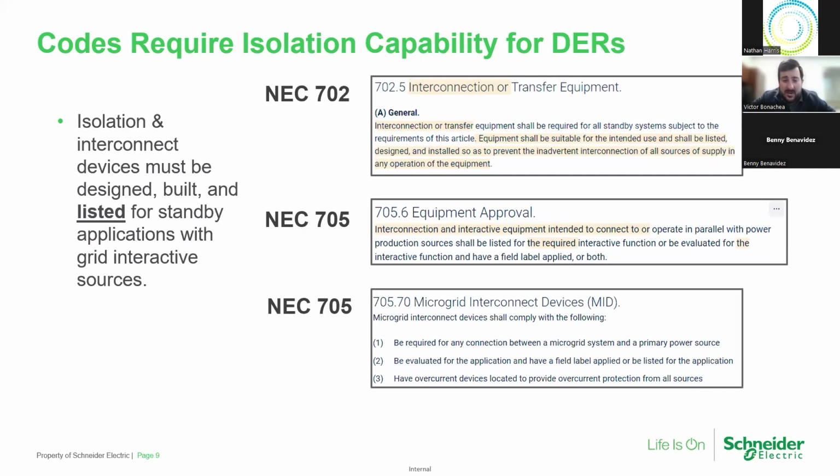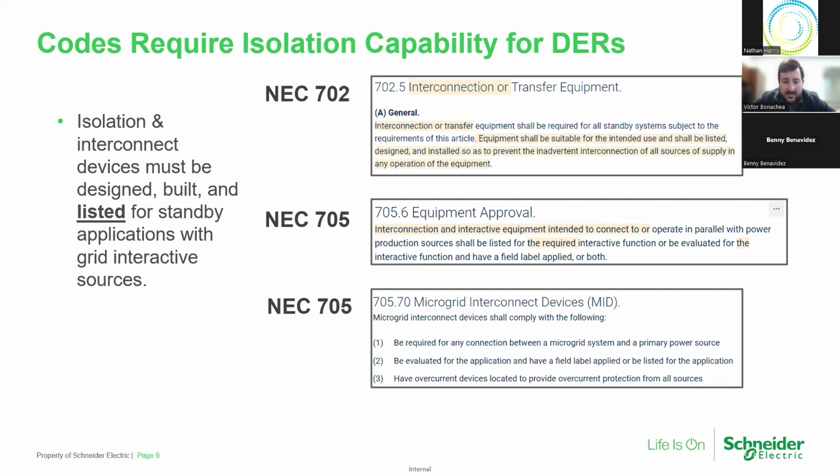So over here, if I read through a couple of the excerpts on this list, the equipment shall be suitable for the intended use and shall be listed, designed, and installed so as to prevent inadvertent interconnection. If I go to the next one down, I'll just read the last line on there: the interactive function and have a field label applied or both.